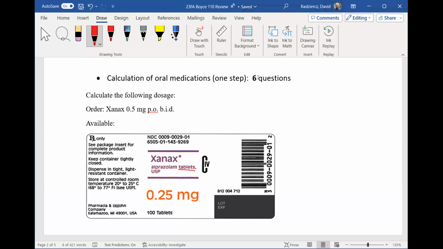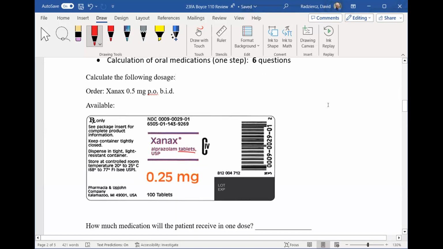So PO stands for per oral, meaning that this medication is going to be given by mouth. That's why these are oral medications. And oral medications are either going to be tablets, capsules, caplets, or it could be an oral suspension. So there's 2 ways that might be delivered.